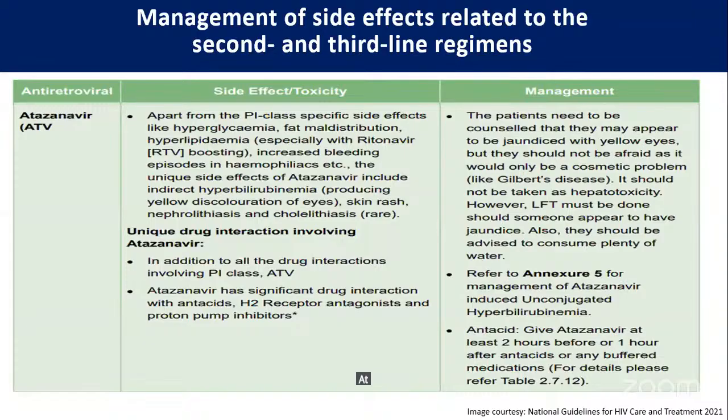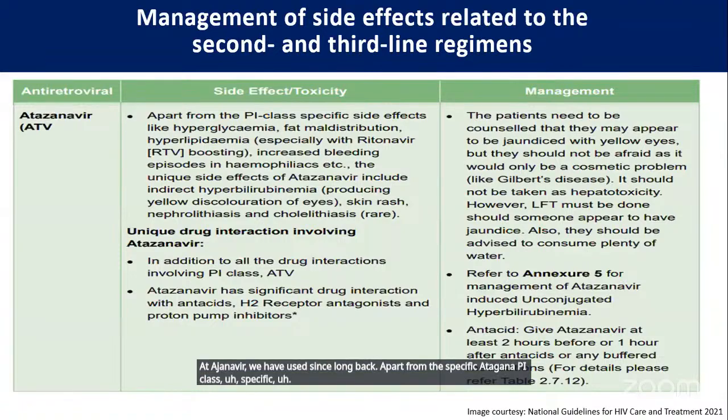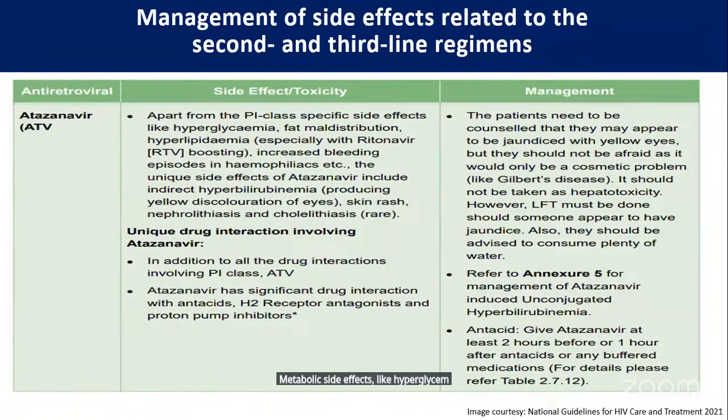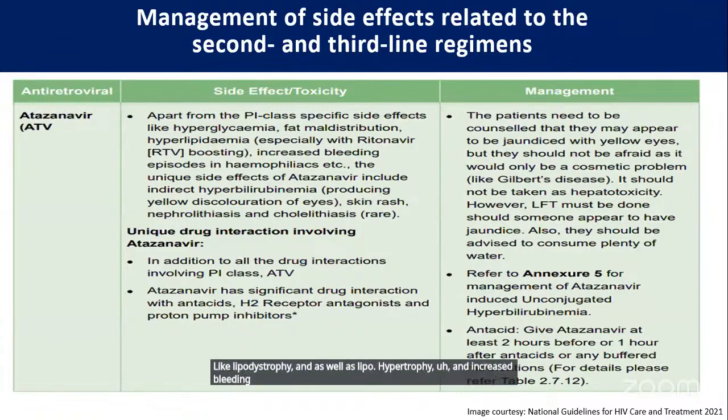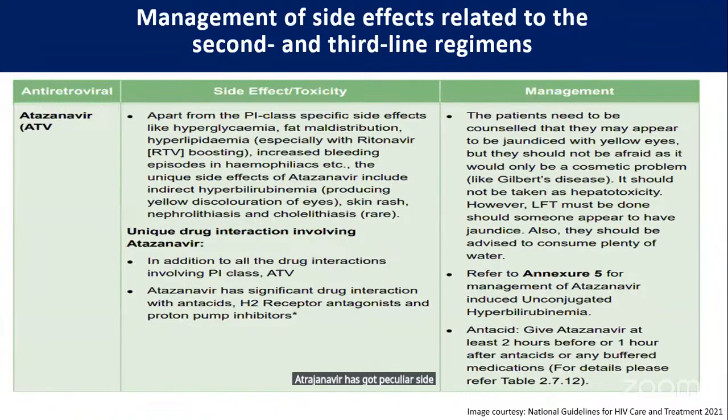Atazanavir we have used since long back. Apart from the PI class-specific metabolic side effects like hyperglycemia, dyslipidemia, fat malabsorption, maldistribution like lipodystrophy as well as lipohypertrophy, and increased bleeding episodes in hemophilia, atazanavir has a peculiar side effect of indirect hyperbilirubinemia without elevation of the liver enzymes.